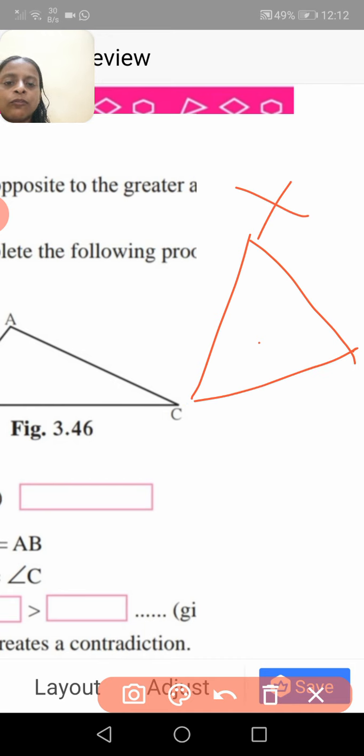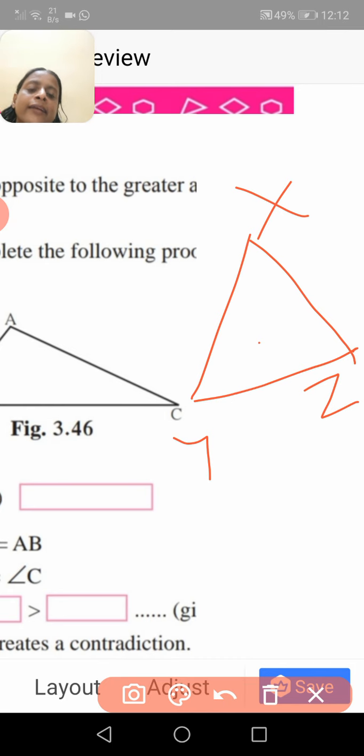X, Y, Z. In the previous theorem we told that if side XY is greater than YZ, then angle Z is greater than angle X. But here in this theorem it's the opposite, the converse theorem.